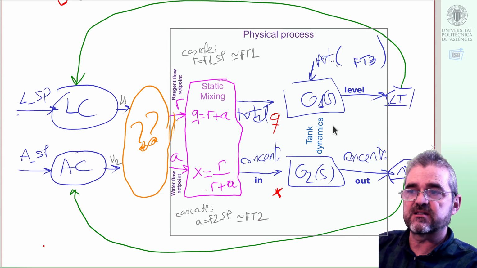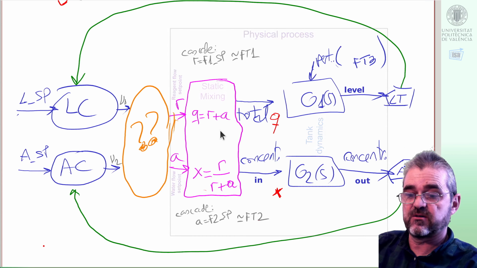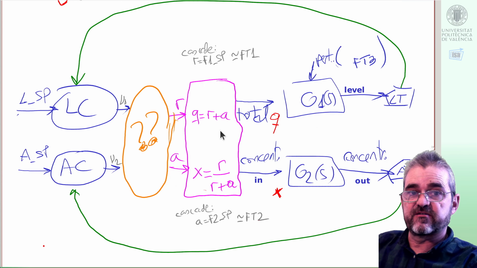The static mixing is the thing in pink in this figure, and what we are going to consider is what to do in this orange block with question marks, which will receive the output of a level controller, nu1, and also the output of a concentration controller, nu2, and then it must decide reagent and solvent water flows.